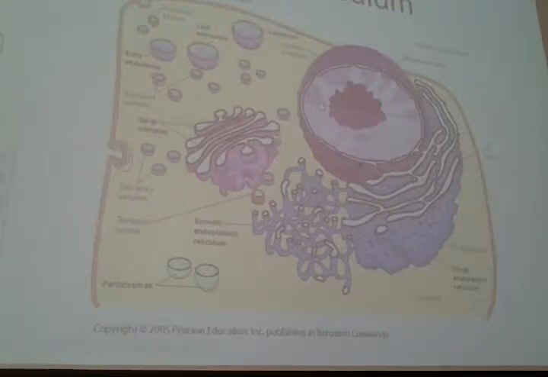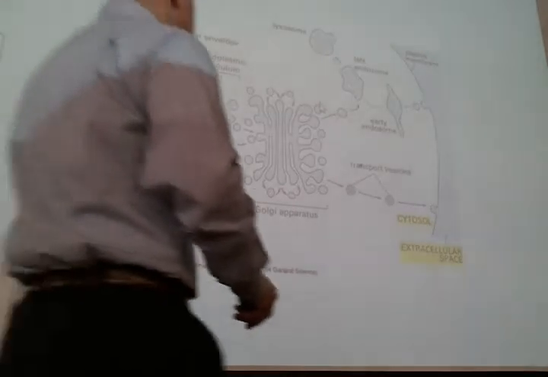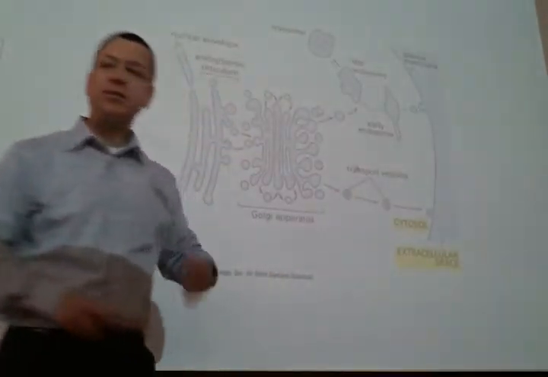Questions about the smooth ER? Okay, so let's get back to the rough ER. And now we're ready to move those proteins that we have added some sugars to, that we have helped fold, perhaps. The next destination for the majority of those proteins will be the Golgi apparatus, the second of the three pieces of the endomembrane system.